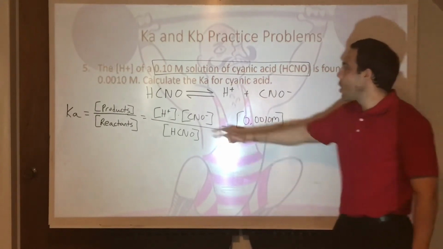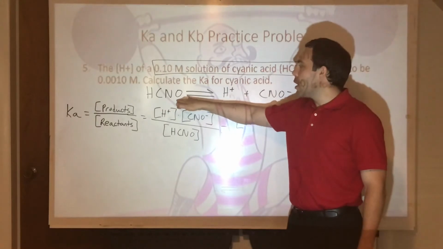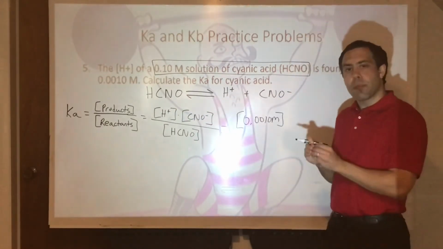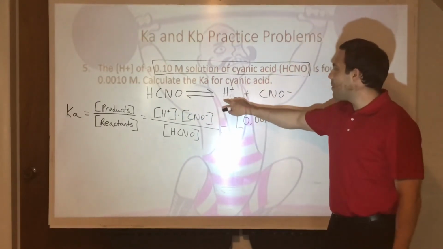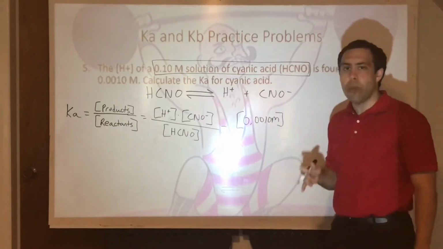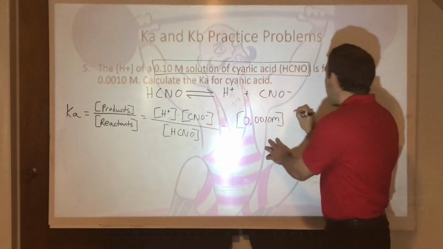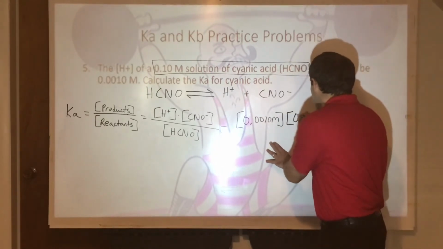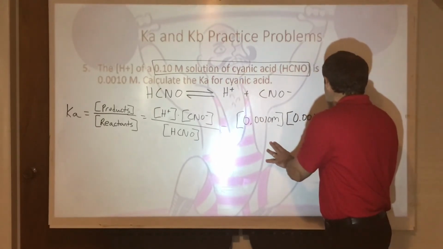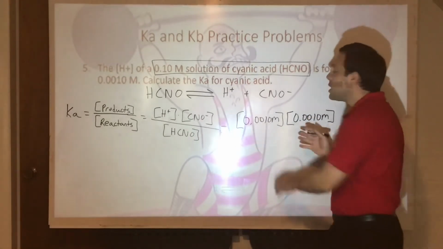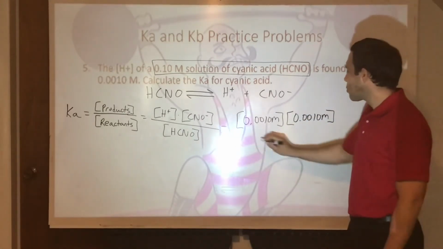However, when HCNO dissociates, it's going to break up into equal amounts of H plus and CNO minus. So if we have 0.0010 molar of H plus, we must also have 0.0010 molar of CNO minus.